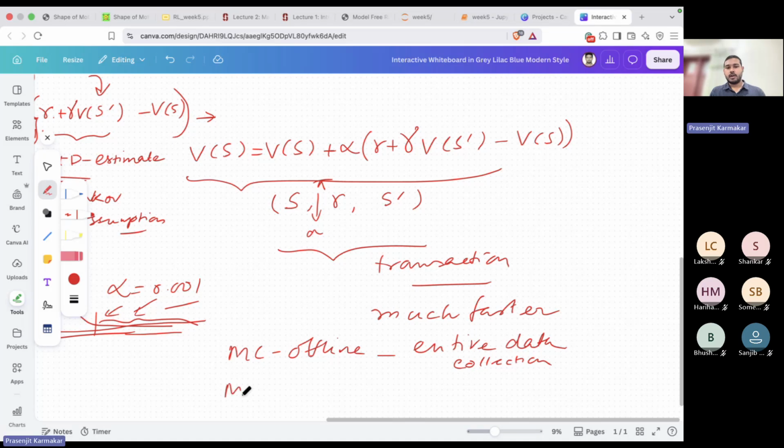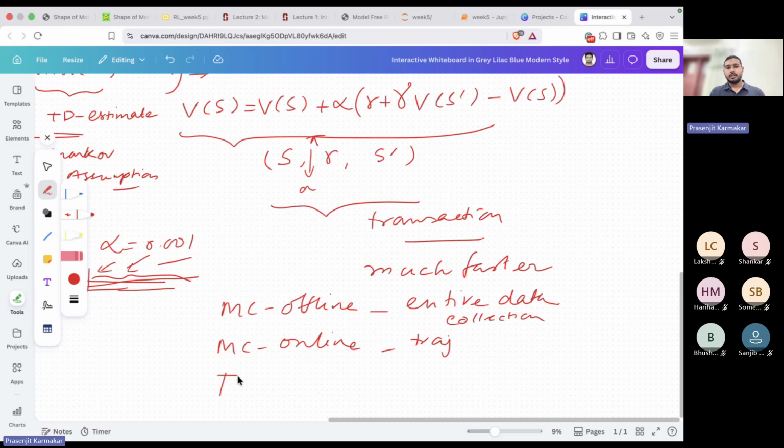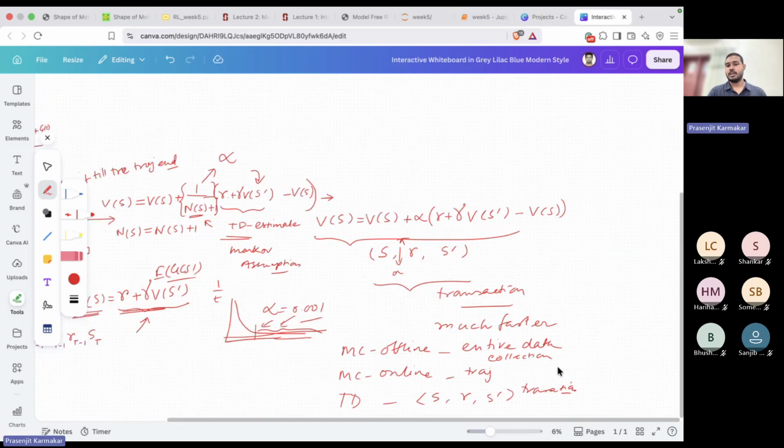For Monte Carlo online, we have to wait for the trajectory to end. And for TD, we have to only wait for S, R, S prime transitions. And they came from each other, you see?